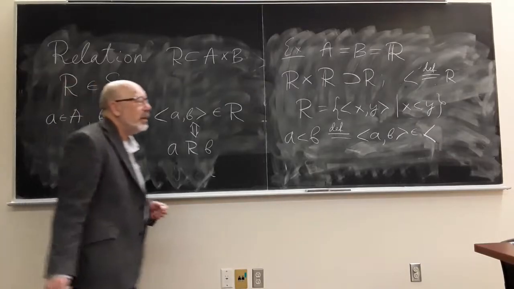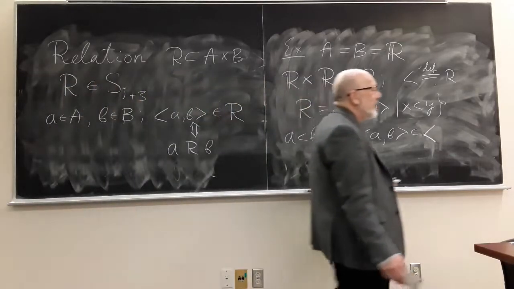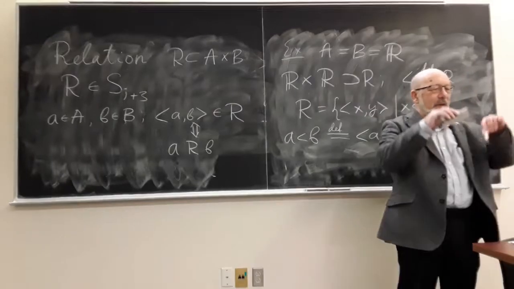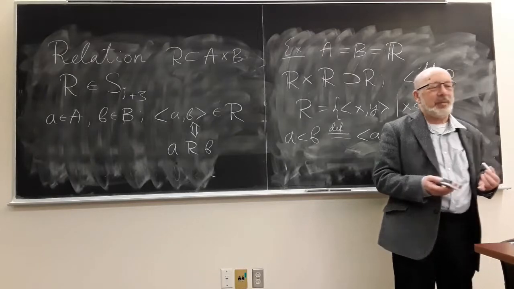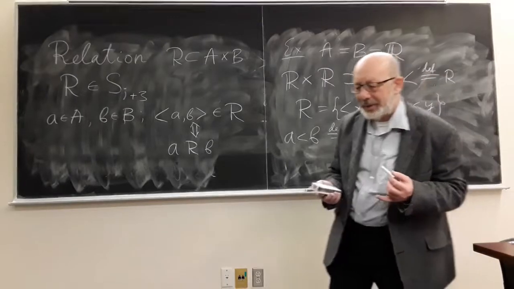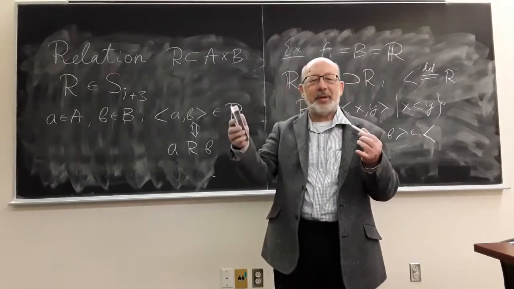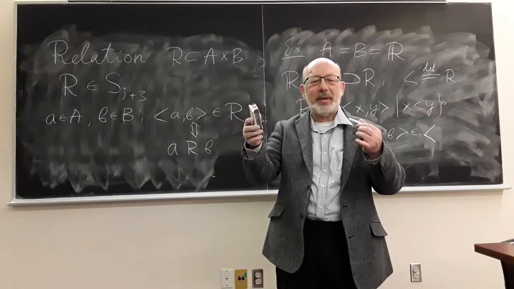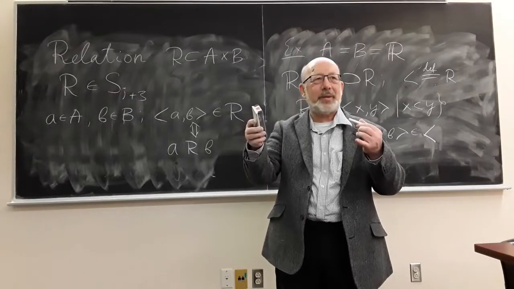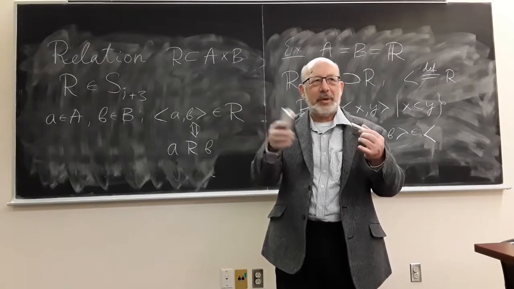And any order structure in any set is a relation, because order means that we say which element is smaller than which. So we have two elements, and sometimes we can compare, say that one is smaller than other.